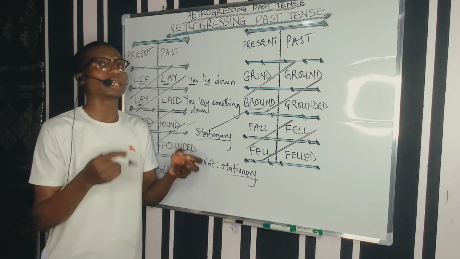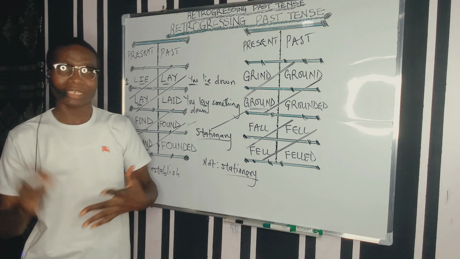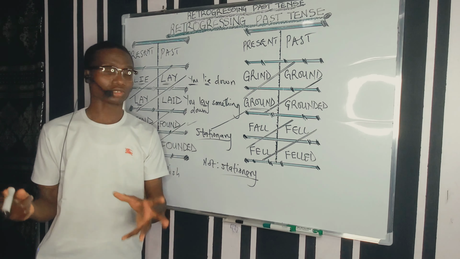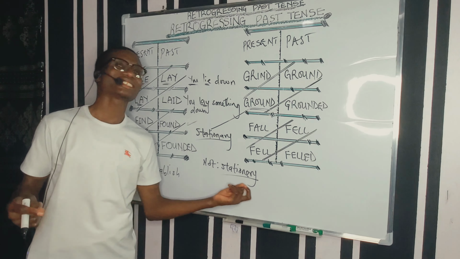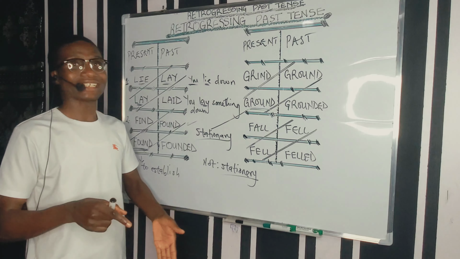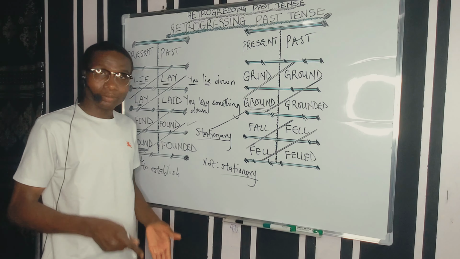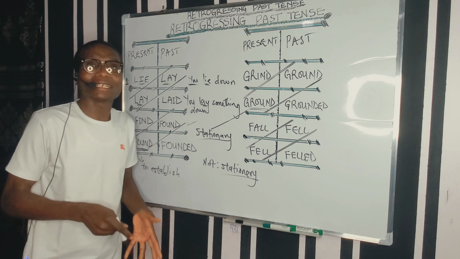Now, stationary and stationery, they are homophones. School is resuming in a bit now, so students will need their stationery, your books, biros, pens, all of those things you use in school are called stationery. But this is to be in a stated position, to be in a place.